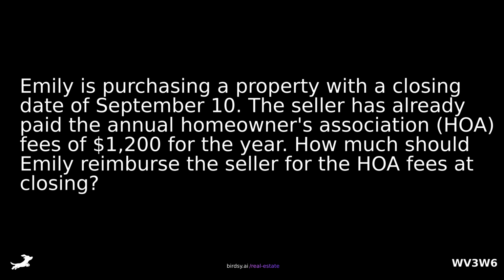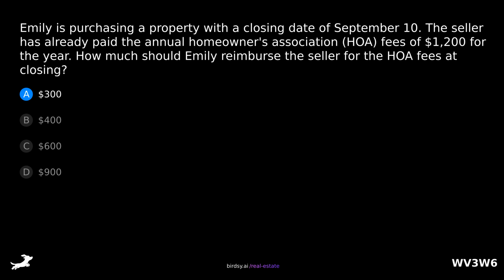Emily is purchasing a property with a closing date of September 10th. The seller has already paid the annual Homeowners Association (HOA) fees of $1,200 for the year. How much should Emily reimburse the seller for the HOA fees at closing? Is it A, $300, B, $400, C, $600, or D, $900?